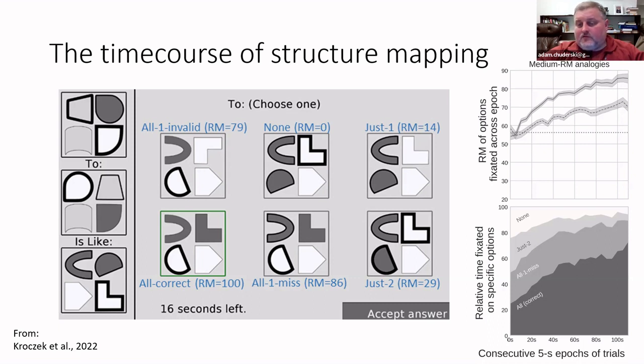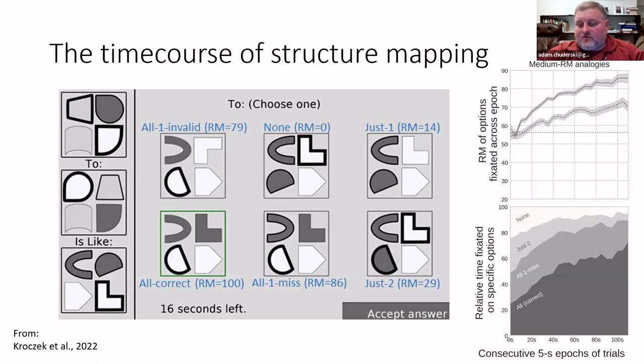So it normally took about 60-70 seconds on average to find the correct solution, but some trials lasted even longer than 100 seconds. You can see that at the beginning of the trial, people screened the response options more or less with comparable time, but they gradually moved to the correct option and disengaged from those, at least those two most incorrect options.